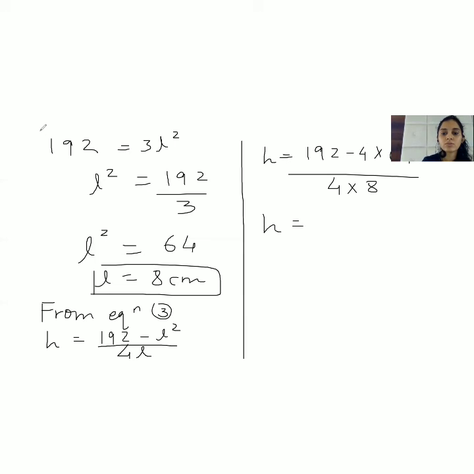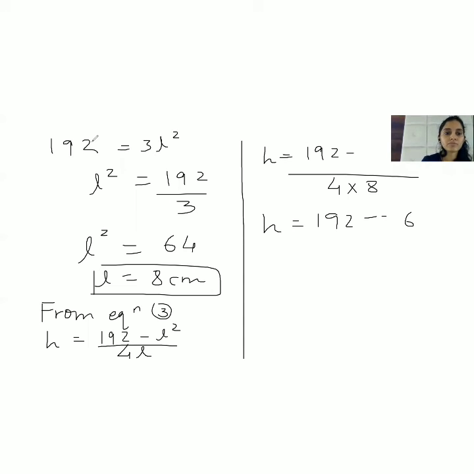Sorry, there's no 4L square, it's only L square here.